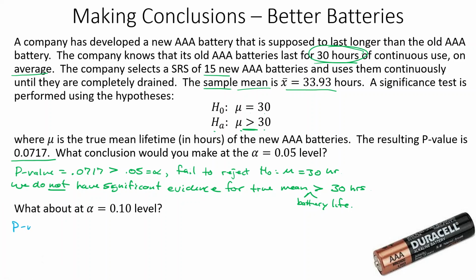All right, what about at the 10% level? So our p-value, again, was equal to 0.0717, which in this case would be less than the 0.10, which is equal to alpha. So that means p is lower than our alpha. P is low, that means we reject the H0. So we are now rejecting that the mean equals 30 hours. If we're rejecting this, that means we have significant evidence for the alternative.